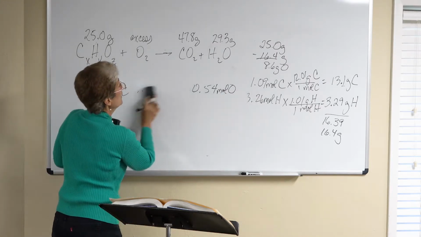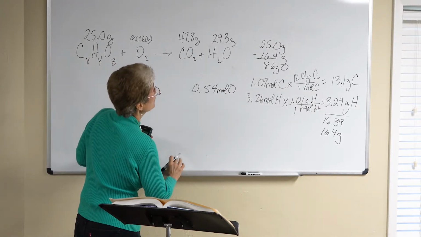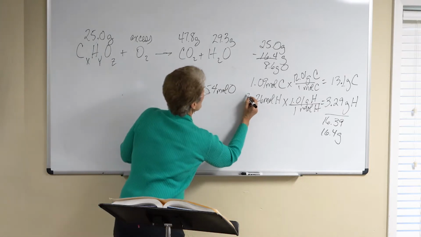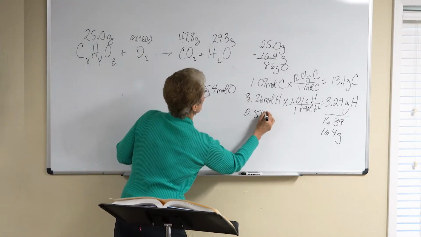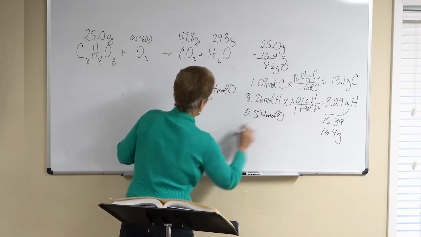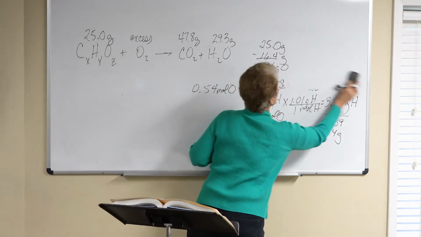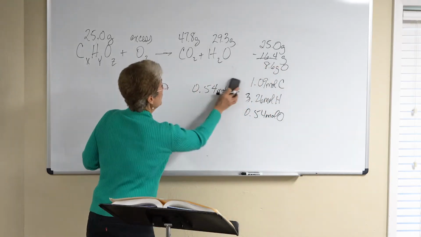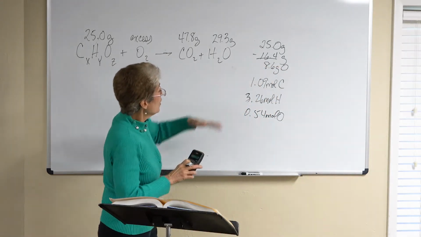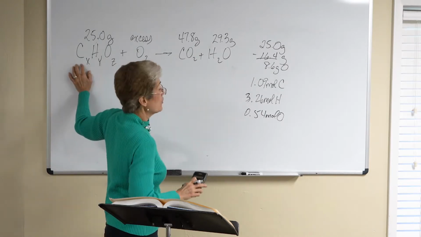Okay, so now I have moles of each of these. I'm going to make this a little clearer by writing it here, and I'm going to get rid of this part, because we used that to calculate the mass so we could figure out how many moles of oxygen. There's our moles of carbon, hydrogen, and oxygen that are in this thing.